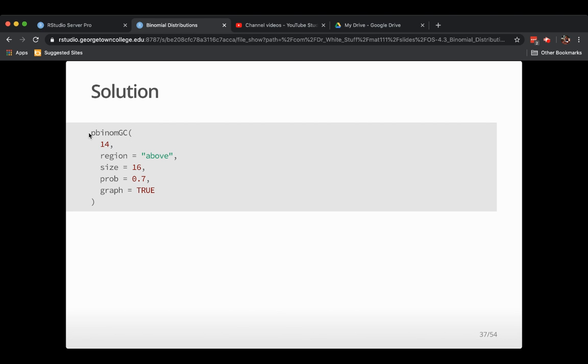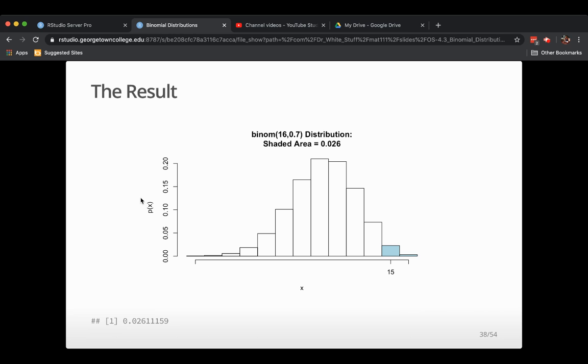Well, once again, it's pbinomGC with the bound set at 14 and region is above. It's still 16 trials, but now we're assuming the probability of success on each trial is 0.7. What do we get? Now the height of the 15 and the 16 rectangles are both big enough that R sees fit to try to draw both of them.